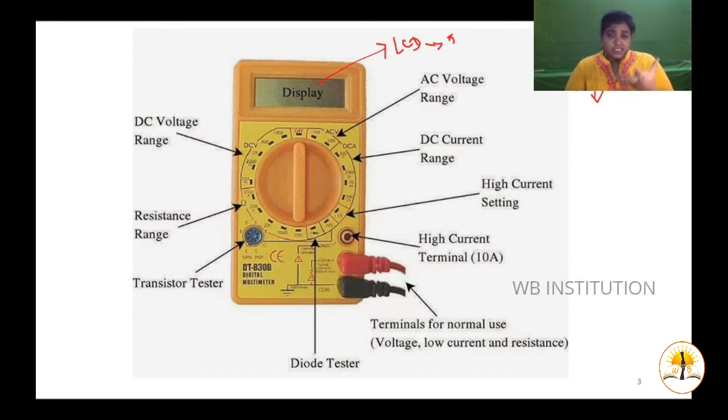For example, if we are going to measure the value of your current, a positive value is represented by a plus sign, and a negative value by a minus. So the first digit represents your sign. The next 4 digits represent the value of your voltage or current or resistance, whatever you are going to measure. Clear? This is what the structure of your display is all about.